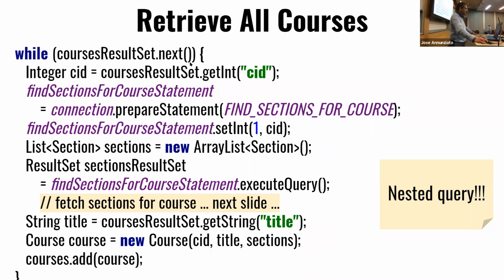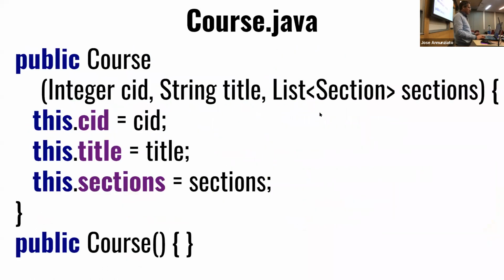And because you have the course ID, you could prepare the statement for retrieving the sections for that course, because not only do you need to instantiate the course and load the ID and the string for the title, you also need a collection of sections. So as you are loading the course, this would be eager loading. I'm reading the information for the course, the title and the course ID.